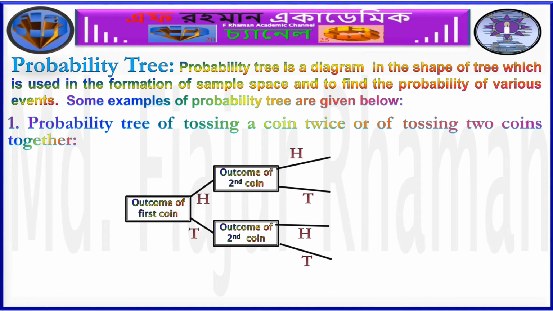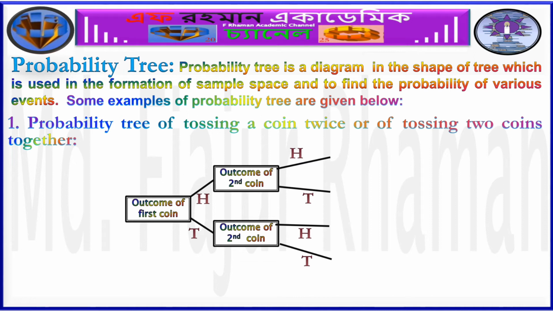It means if the outcome of the first coin is H, then the outcomes of the second coin may be of H or T. If the outcome of the first coin is T, then the outcomes of second coin may be of H or T.